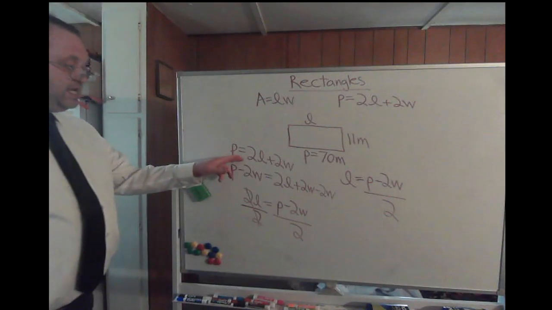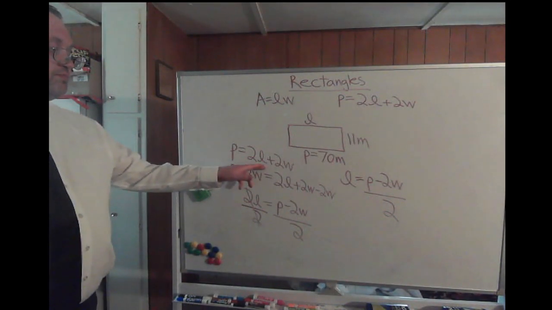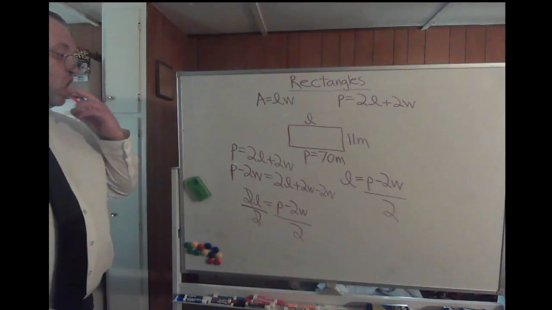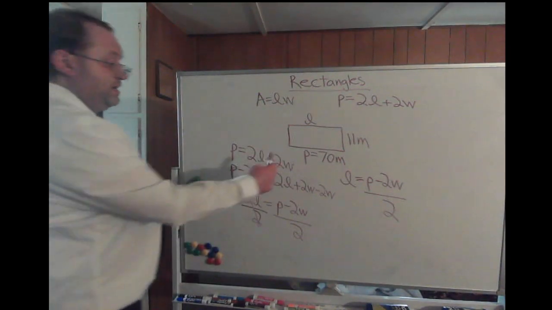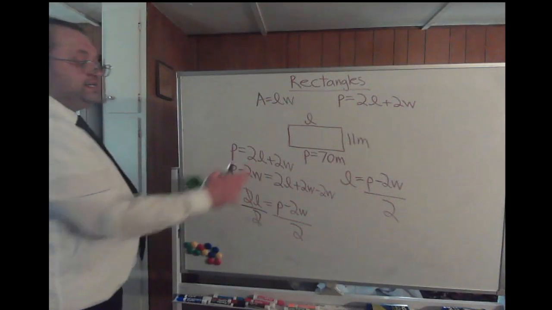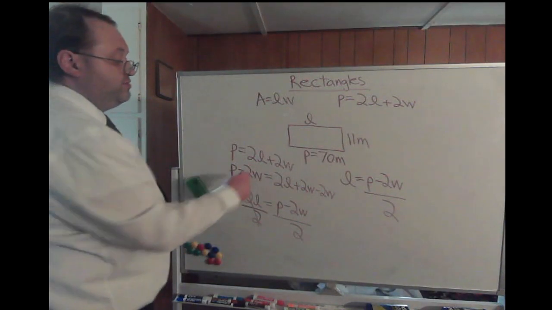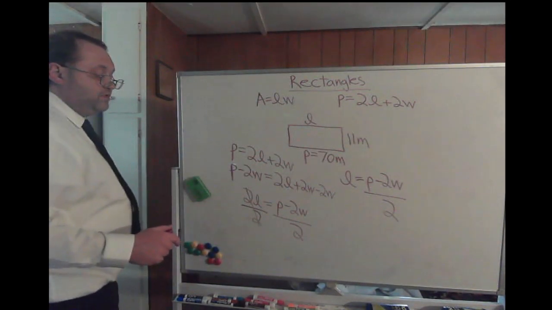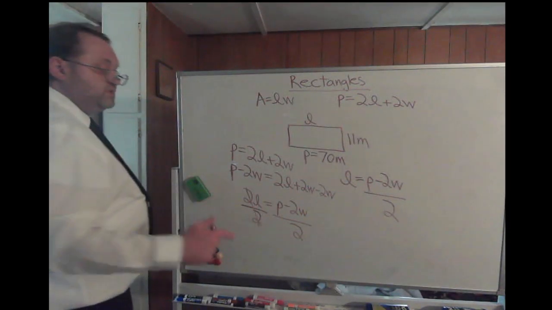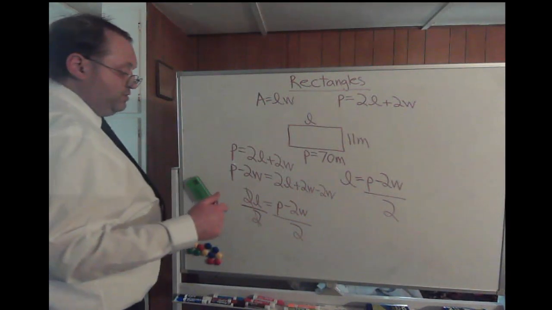So again, I wrote down the formula, twice the length plus twice the width, that's equal to the perimeter, alright? Well, we knew the width, we know the perimeter, we want to get the length by itself. We want to be able to solve for the length. We have to be able to get that 2L by itself first. So in order to do that, I subtracted 2W from both sides, like you would in any two-step equation.